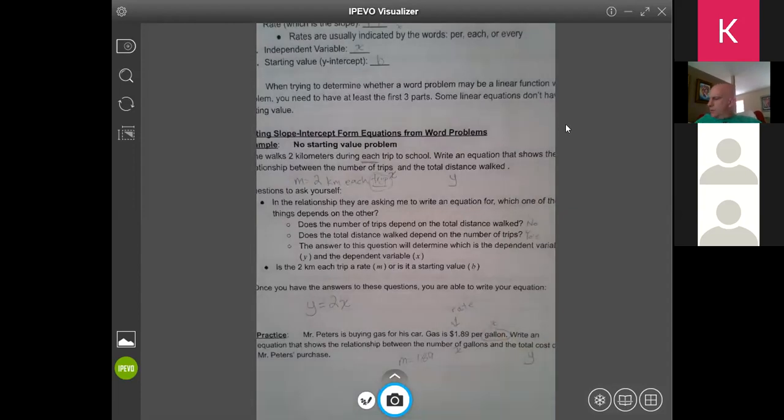So what would be my final actual equation with the Y and X involved in it then? Would it be Y equals, where is it? Y equals 189.